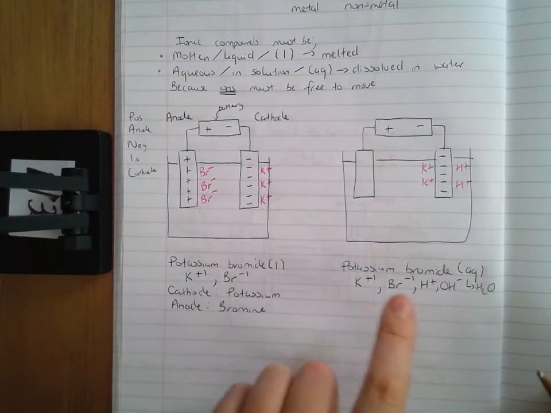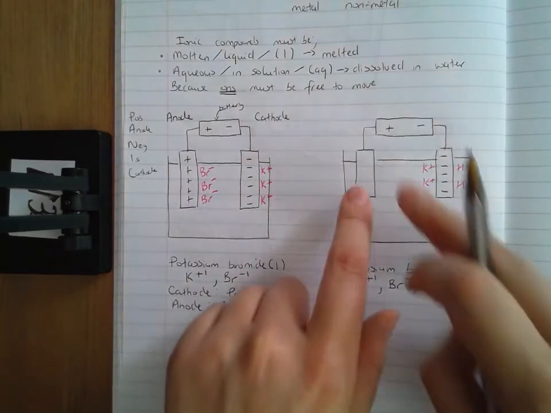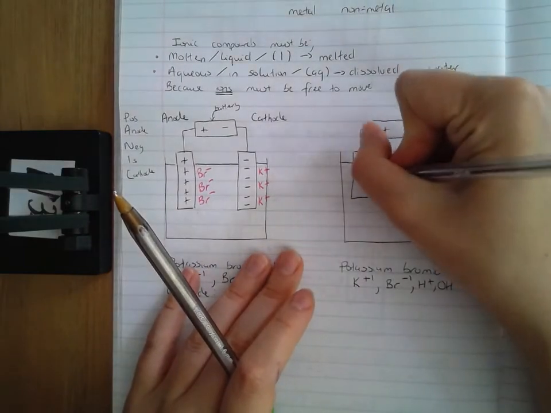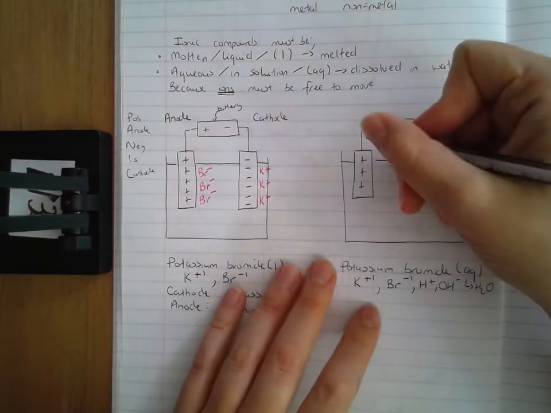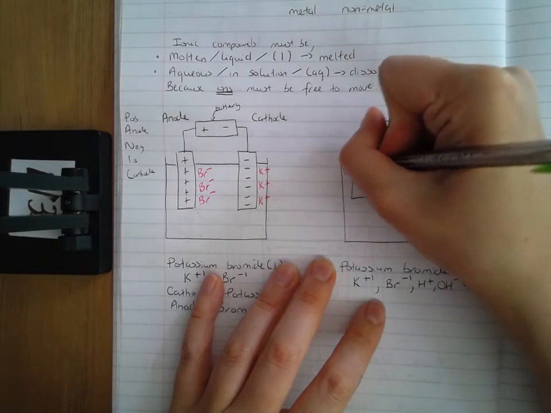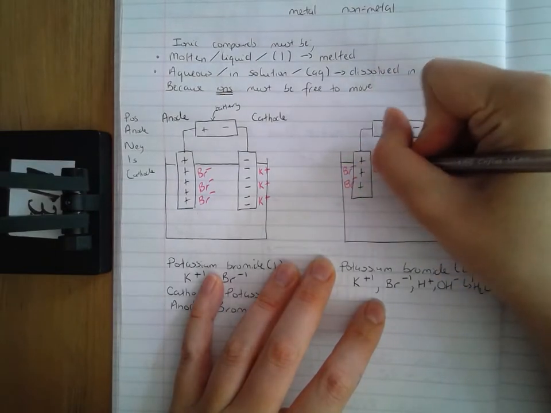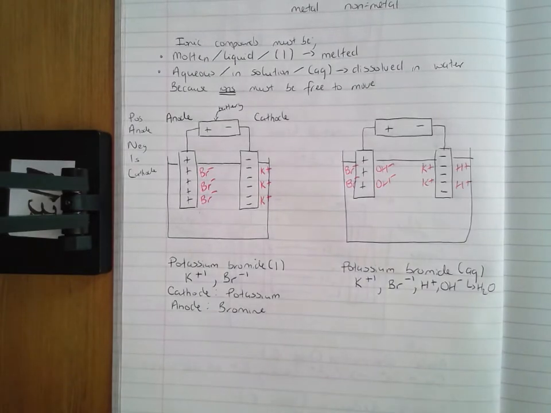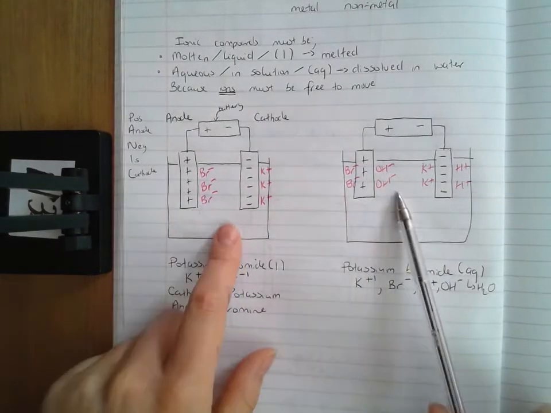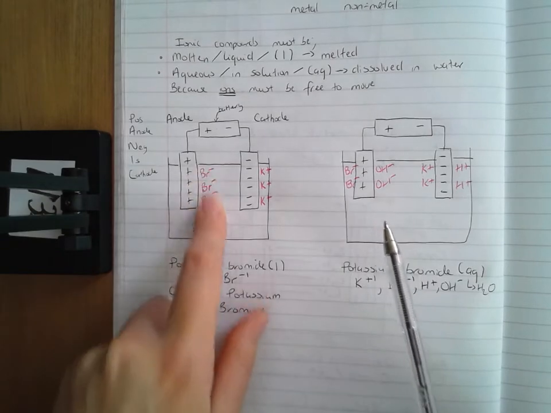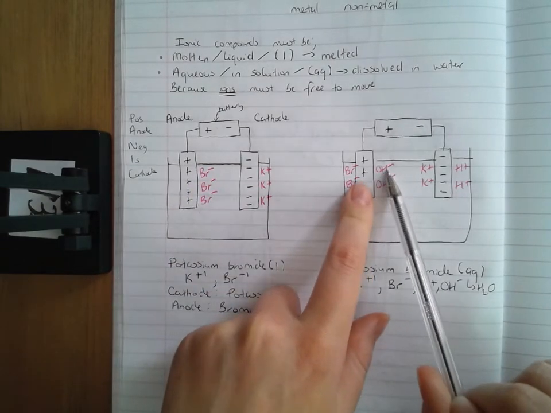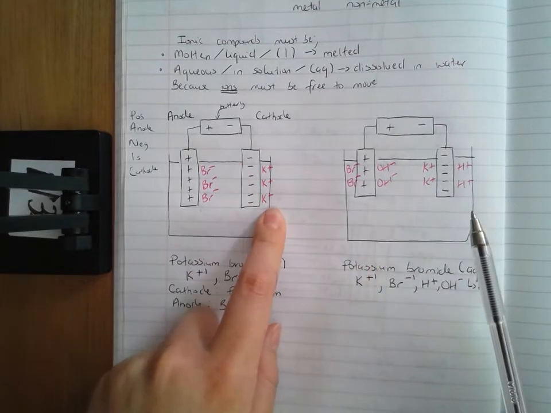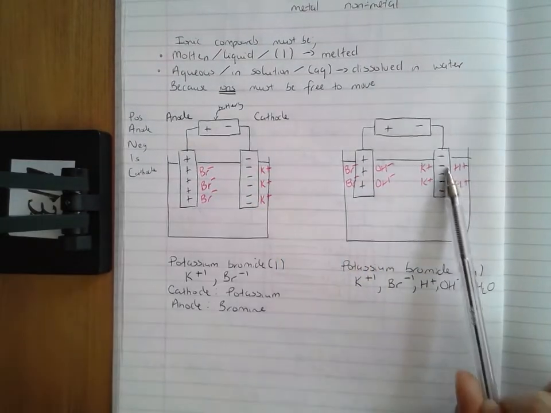The negative ions will go to the positive anode, but again, instead of just having 1 negative ion, you have now got 2. So the Br- is going to go there like it always did, but now we're also going to have OH- there as well. So if you're comparing the two, when it's molten, you just had the bromine. Now that it's aqueous, you've got the bromide ions and the OH- ions at the anode, and at the cathode, as well as having K+, you've now got H+.